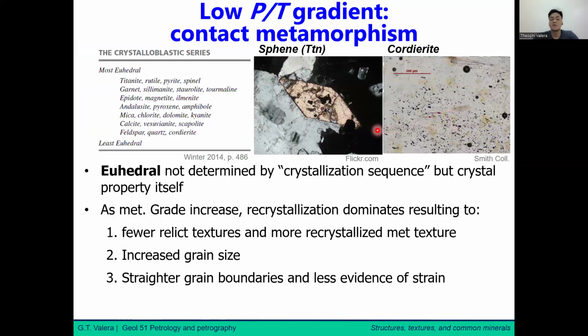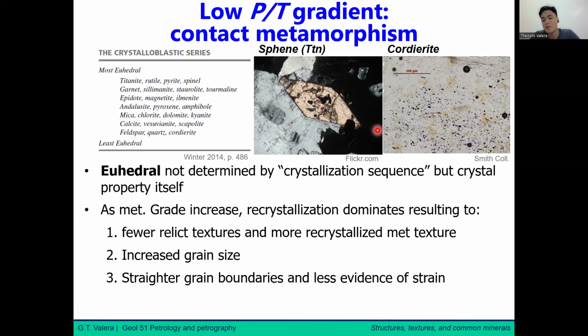One more thing, cordierite is constrained only to aluminous rocks. This is an aluminous mineral, meaning you don't expect it in every metamorphic rock. You expect it only in low pressure over temperature metapelites and metasamites.